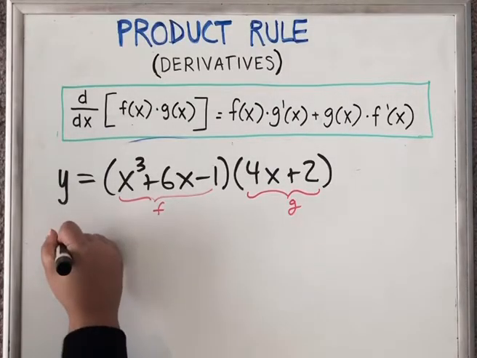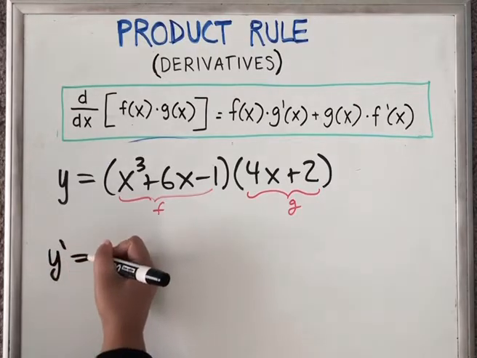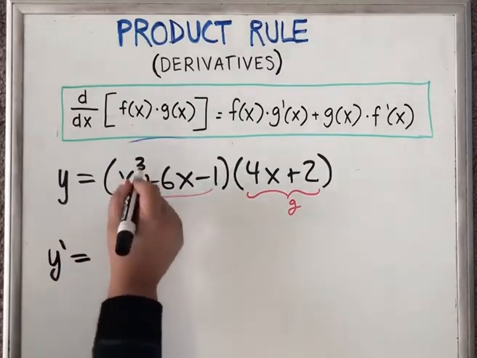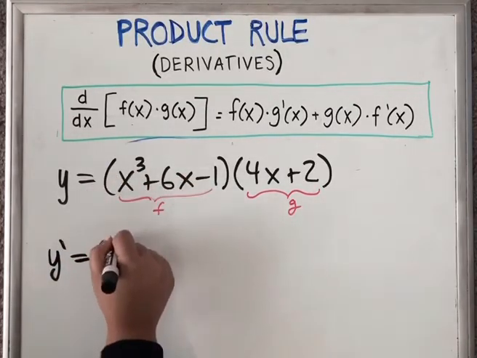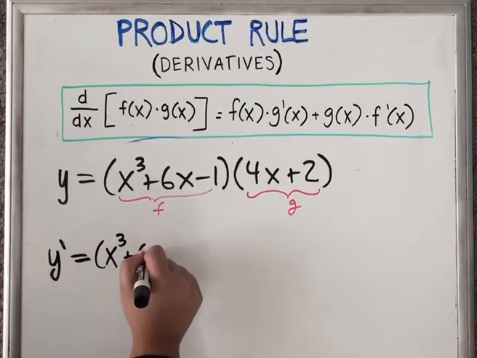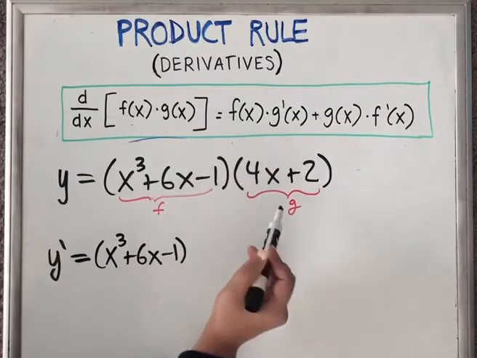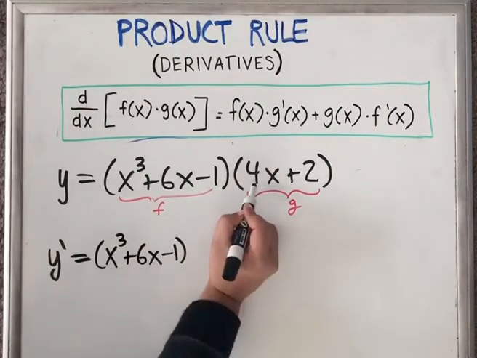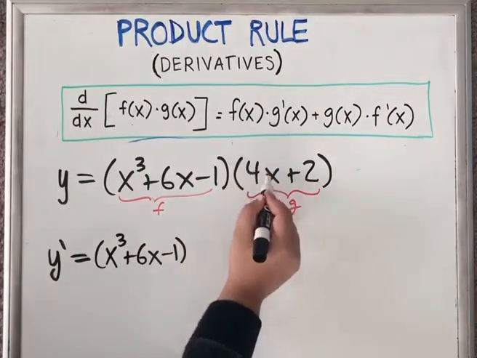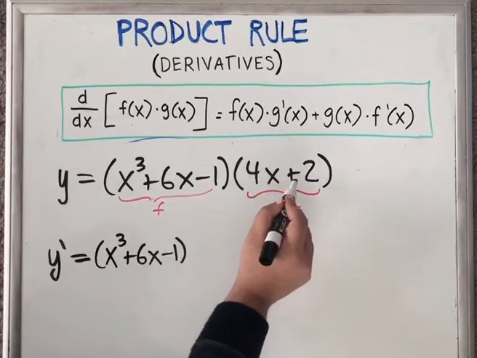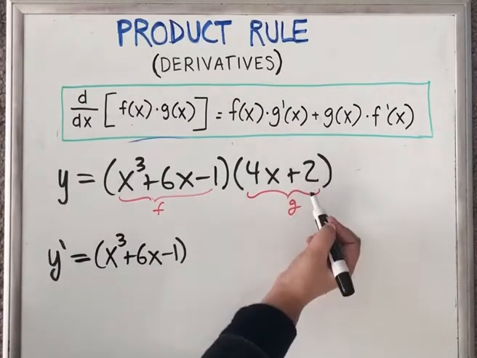So our derivative, y prime, is going to be equal to f, which is right here, x cubed plus 6x minus 1, times the derivative of g. Our derivative here would be the derivative of 4x, which is just 4, plus the derivative of our constant, which is 0.